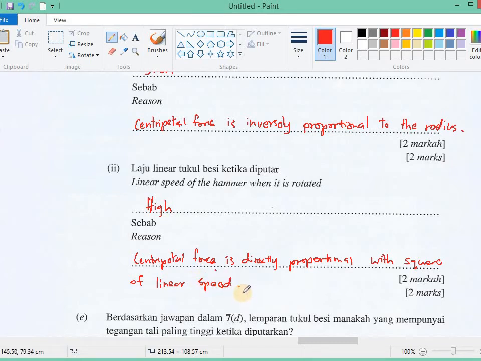If you say directly proportional with linear speed, then it will be wrong. You cannot say directly proportional with linear speed. It must be directly proportional with square of linear speed.